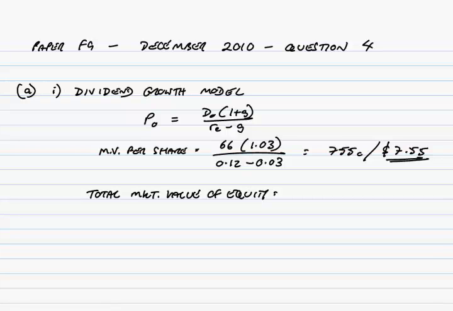And so, if it's 50 million on the balance sheet and 50 cents per share, it means there are 100 million shares. And at $7.55 each, the total market value, $755 million. Now note, A1, all they want is the arithmetic, and so there's the answer.